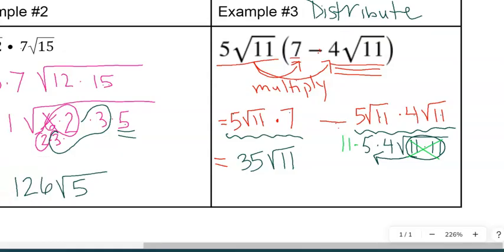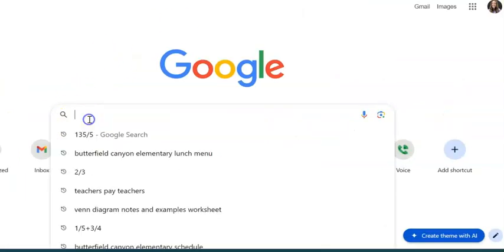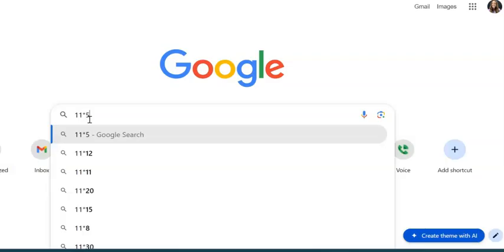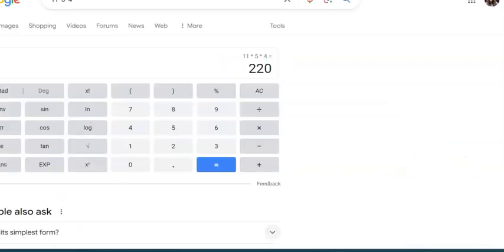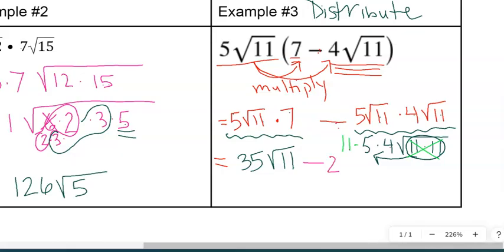So 35 root 11 minus, we've got 11 times 5 times 4 is 220. And I don't have anything left inside the radical, so it's just 220. One of our terms has a radical and one of our terms does not, so there's nothing we can do to simplify that answer.